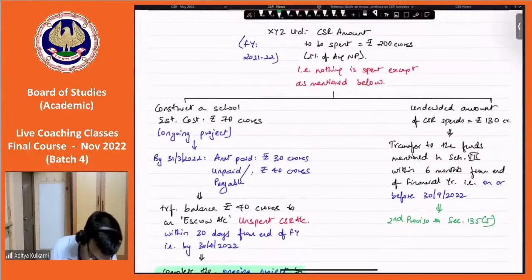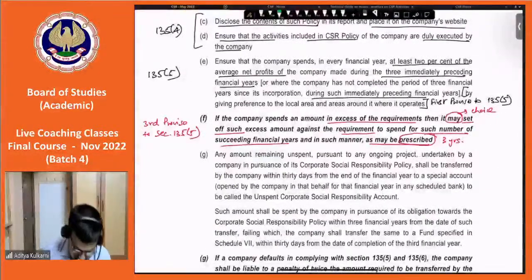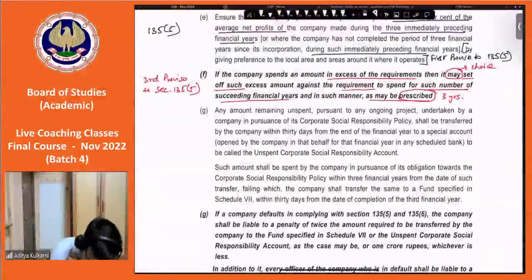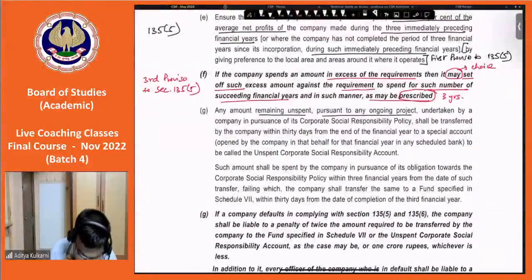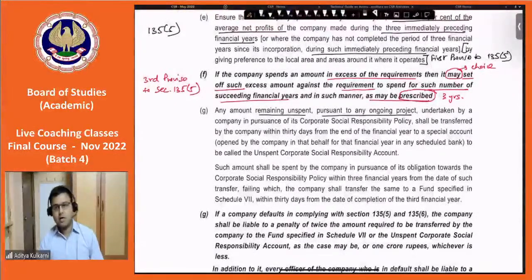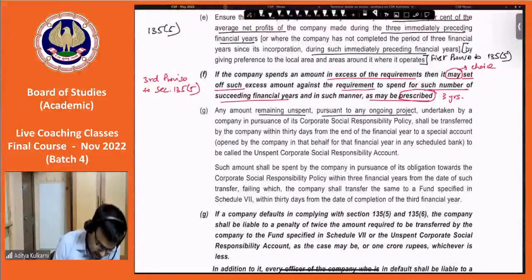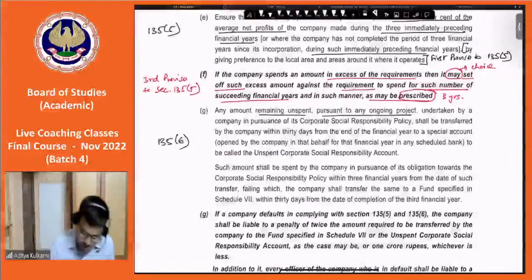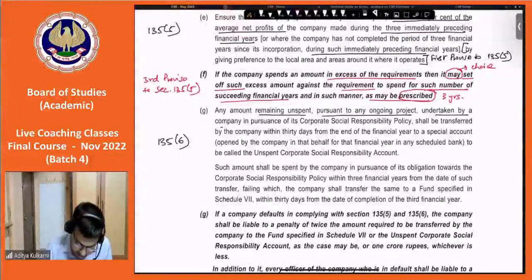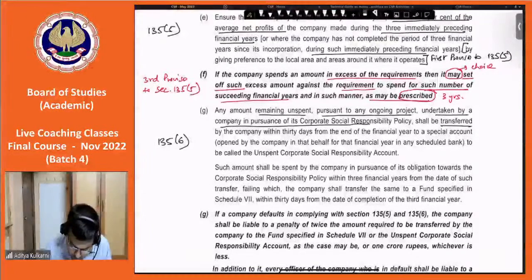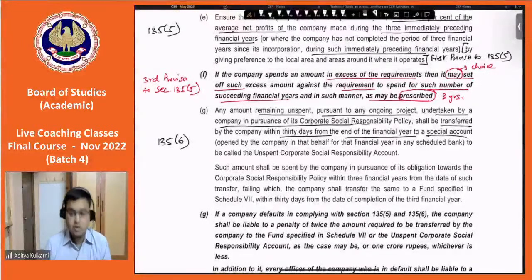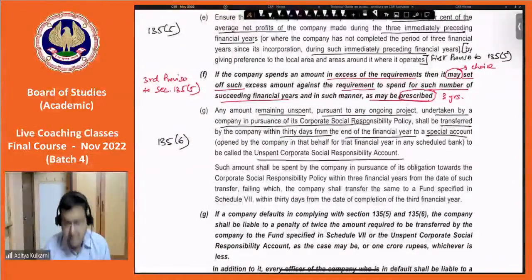All clear? So now we come back to the notes, to the textbook, and let us understand now. Any amount remaining unspent pursuant to any ongoing project, this is 135 subsection 6, undertaken by a company in pursuance of its CSR policy, you shall transfer it within 30 days of the end of the financial year to a special account, which is called the unspent CSR account.